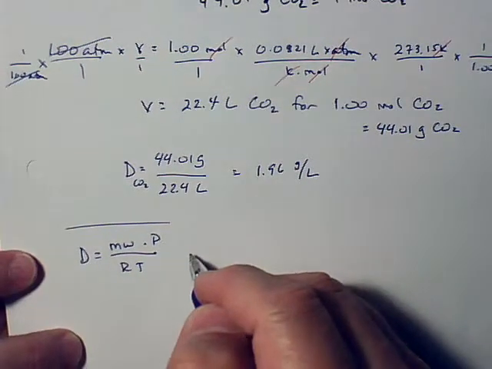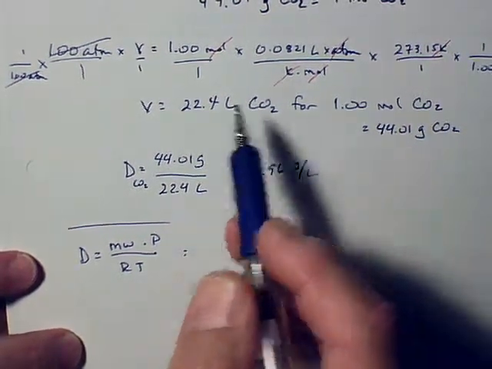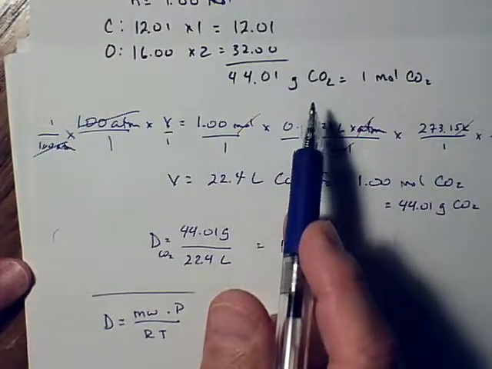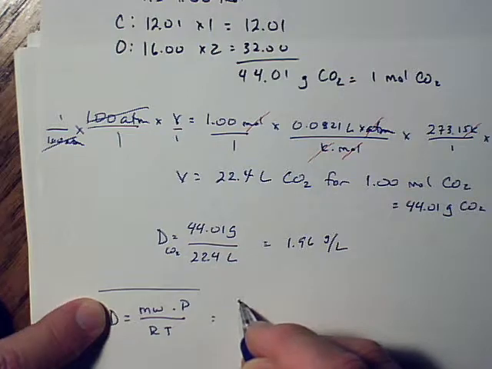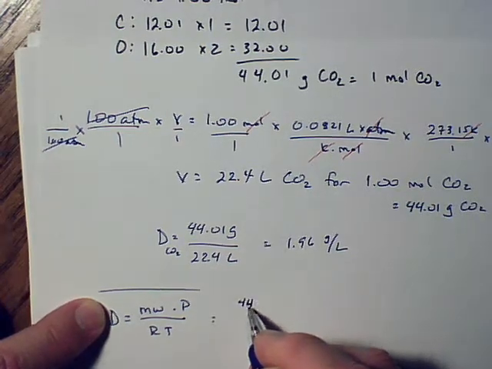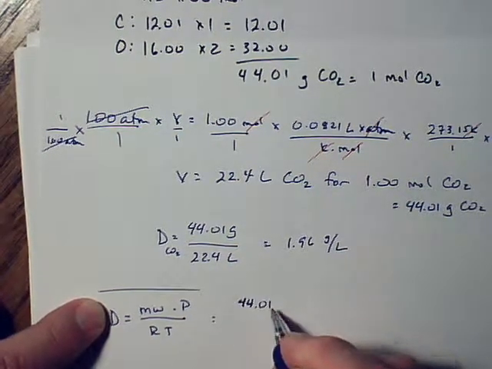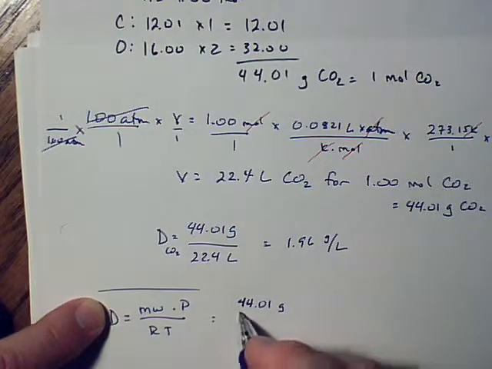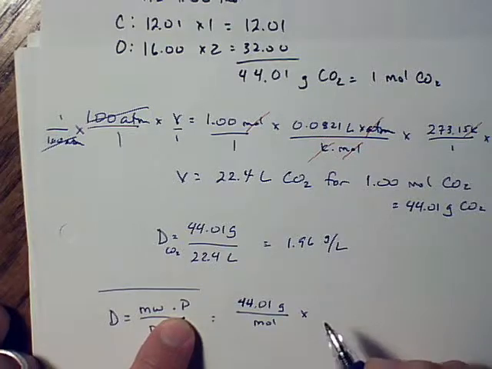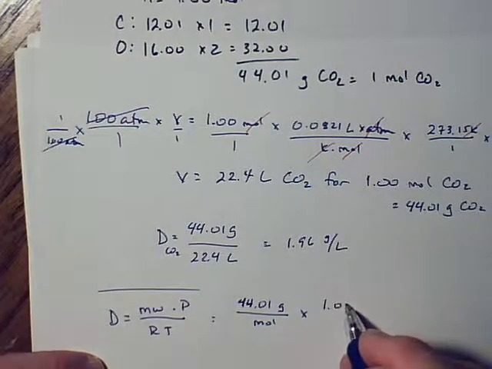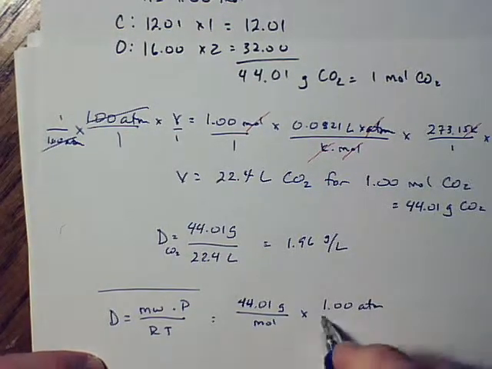All right? And so what we do for that is we take that molar weight here, which we write as a fraction. We write the molar weight as 44.01 grams per mole. That's the molar weight times the pressure, which is 1 atmosphere, over 1.